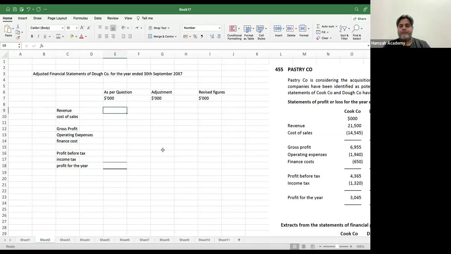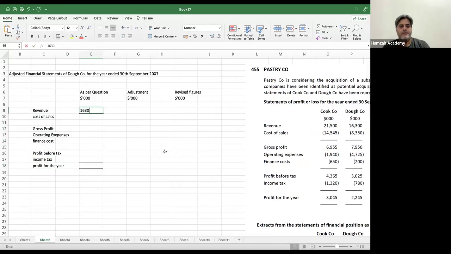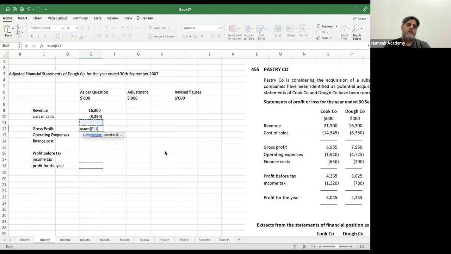Now the Dow company: 16,300, 8350. The profit is 7950, 4725 and 200, 3025.